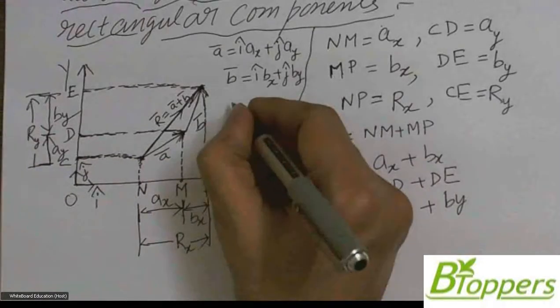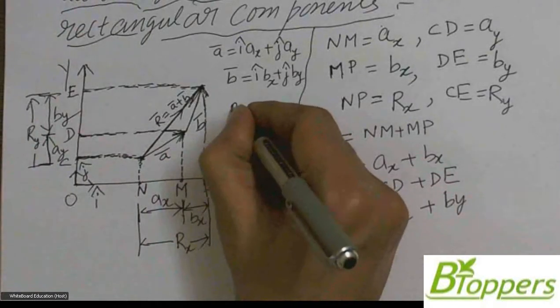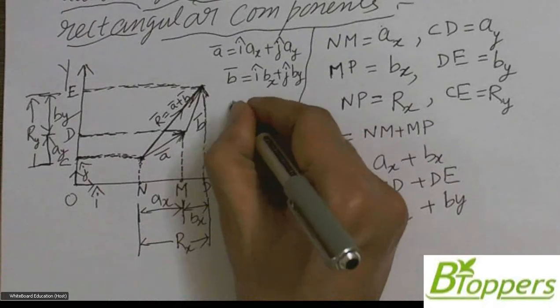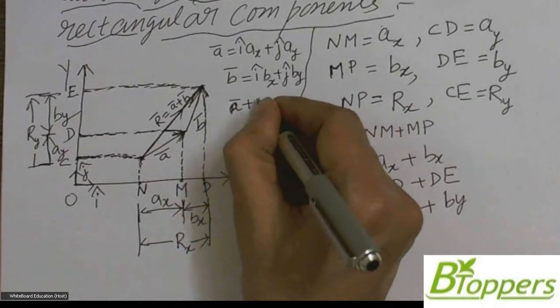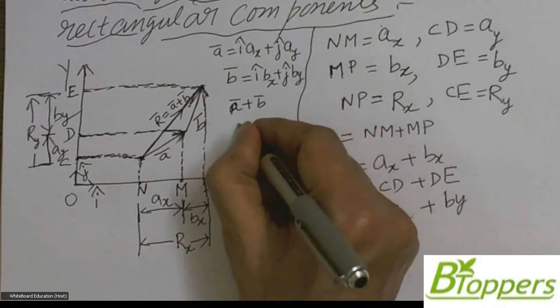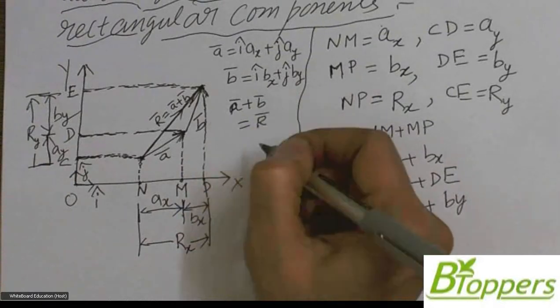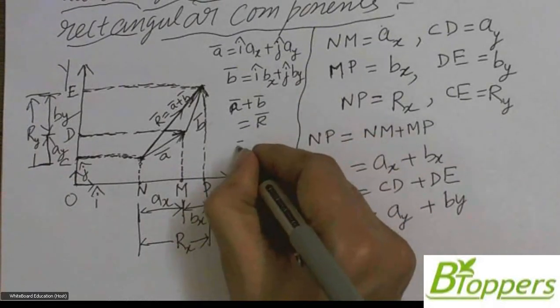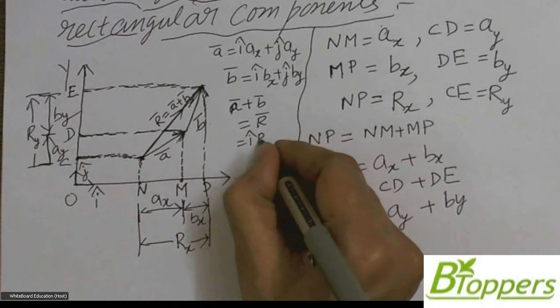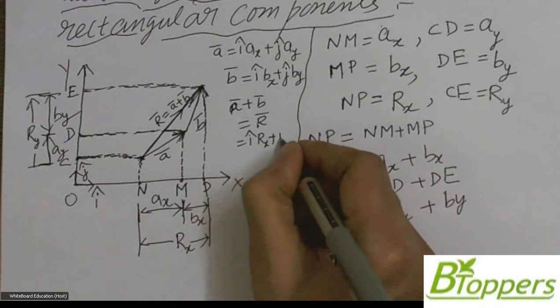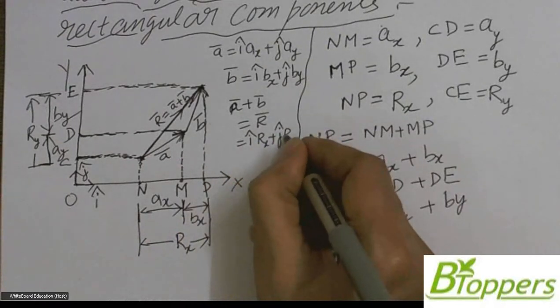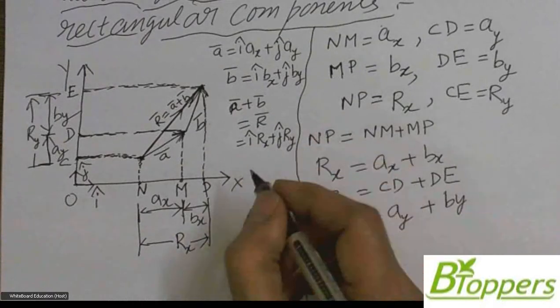In the similar way, the resultant of the two vectors A bar and B bar, which is denoted by R bar, can be written as i cap into Rx plus j cap into Ry.